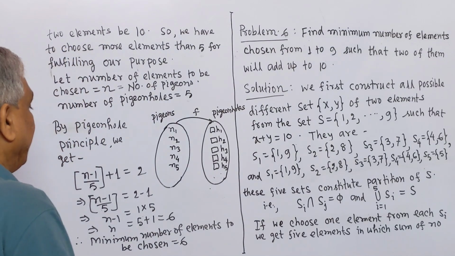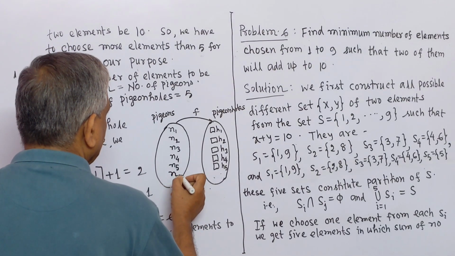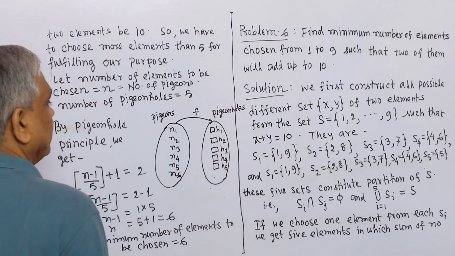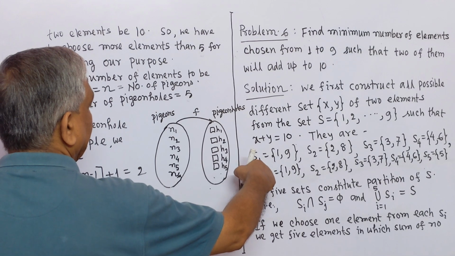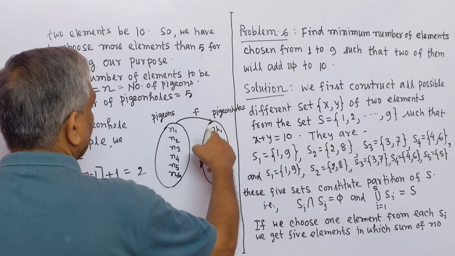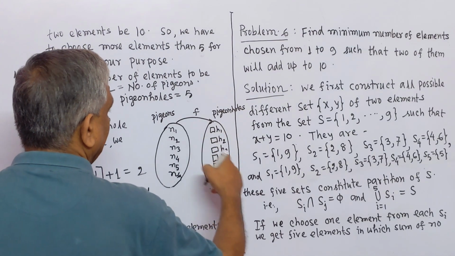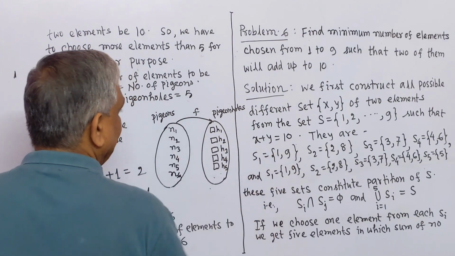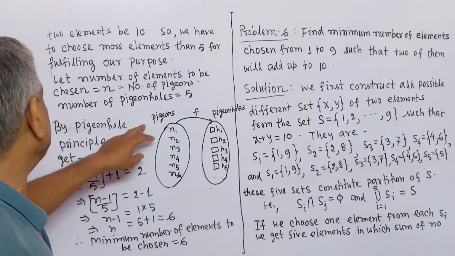So we will have to take more elements, 6, that may belong to S1, and this pigeon will be in H1 hole, and 1 plus 9 will be 10. Now by pigeonhole principle we may solve this.